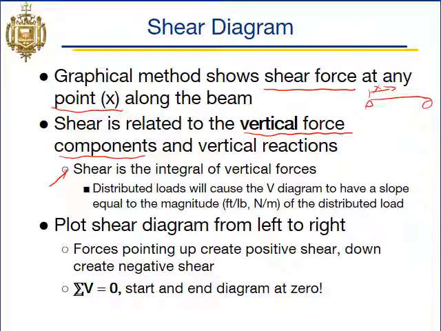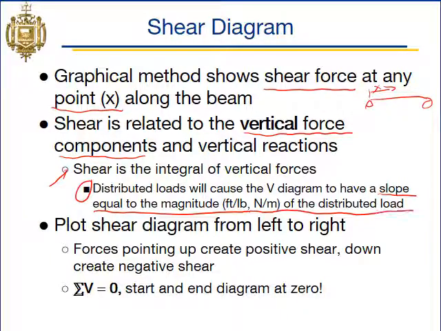Big point here, distributed loads will cause the shear diagram to have a slope equal to the magnitude. So the slope of our shear diagram with the distributed load is equal to the magnitude of the distributed load.